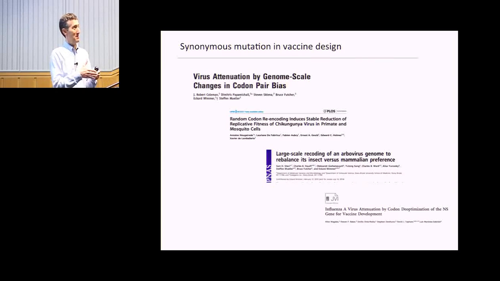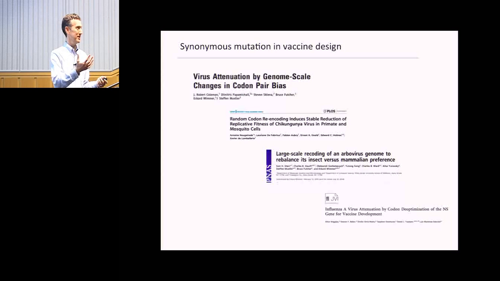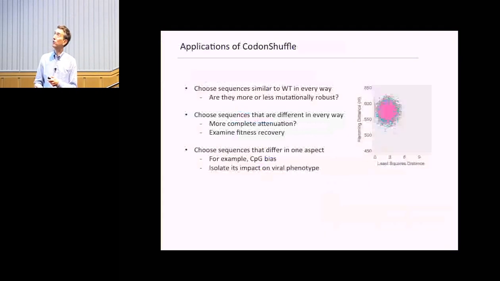But yet, the little bit of the virus it makes is going to have the same amino acid sequence, right? So it's going to be immunologically identical as recognized by your immune system. So you can attenuate the virus, preserve its antigenicity, and have a live attenuated virus. And so basically, we might be able to do this by altering all these things to make more complete attenuation and make it less likely that the virus will revert to virulence.